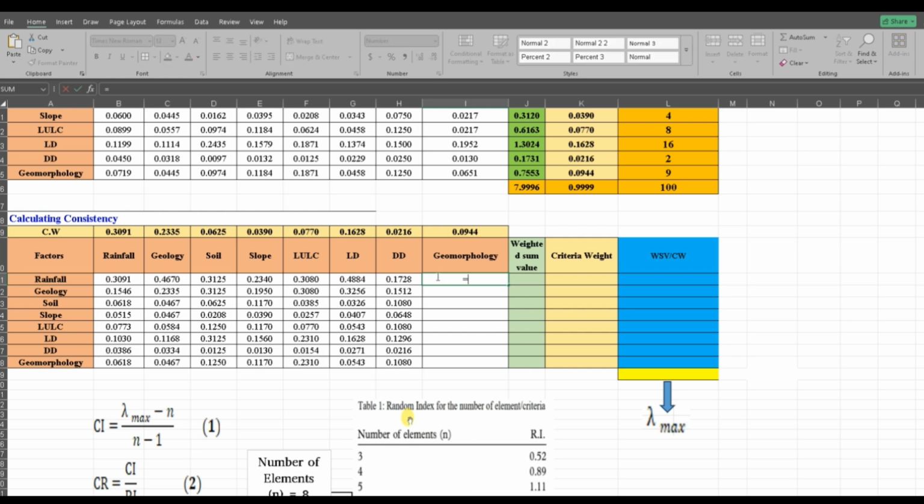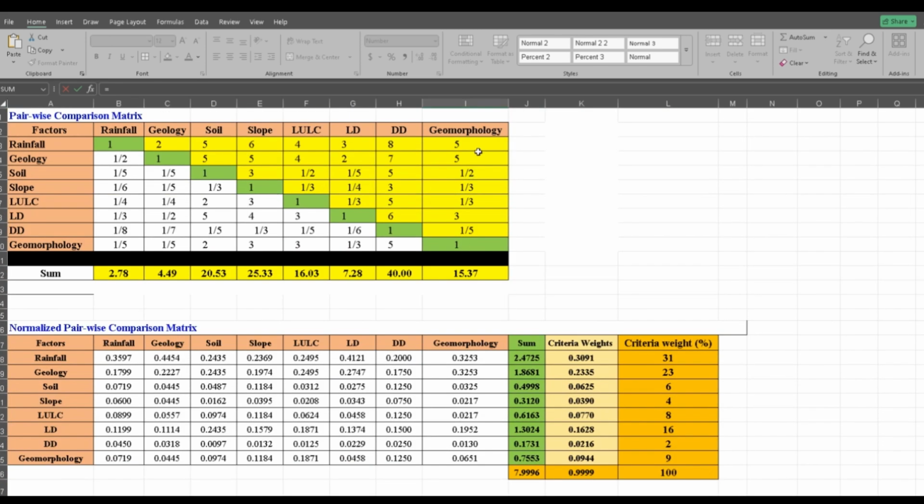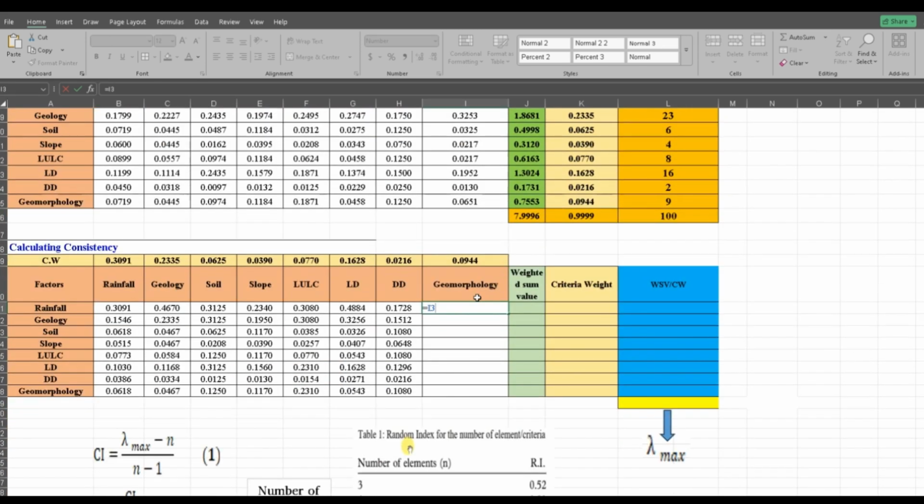And finally, under the geomorphology column, this value is equal to I3 multiplied by 0.0944, which is the criteria weight for geomorphology, which is equal to 0.47.